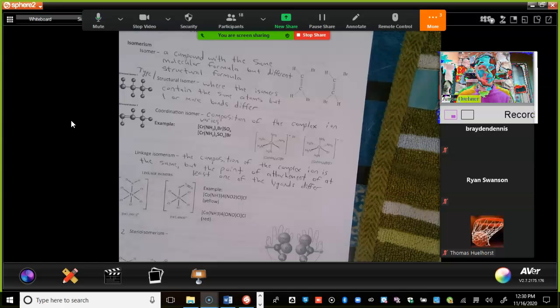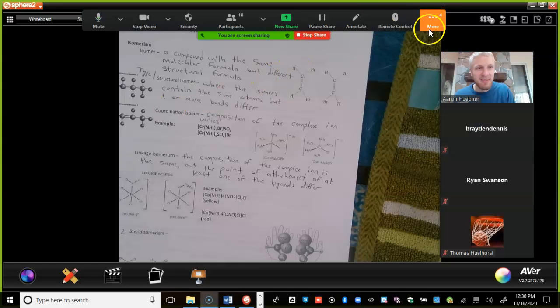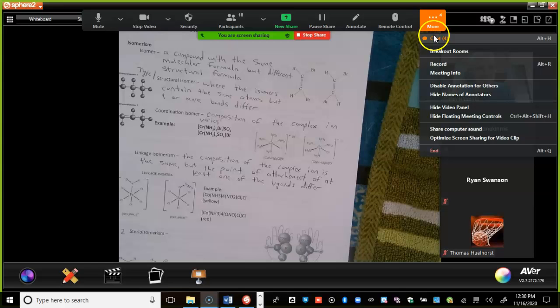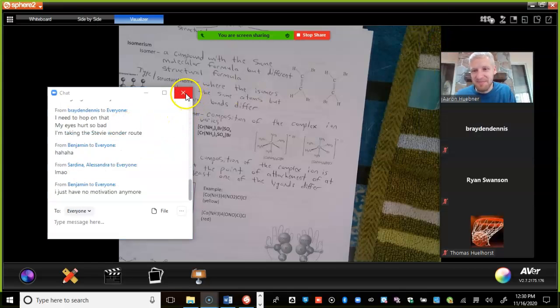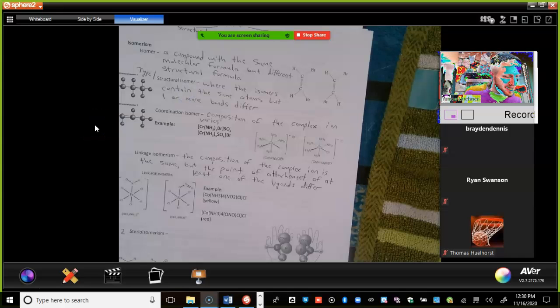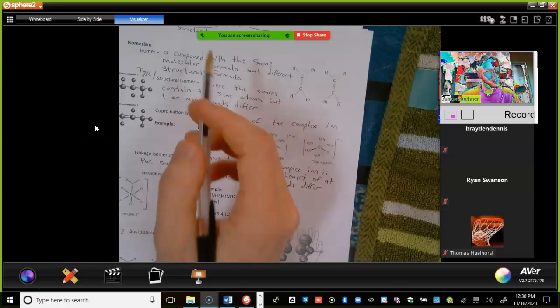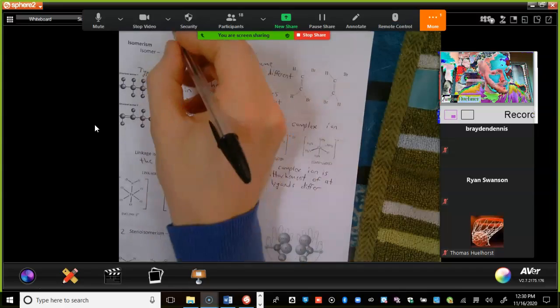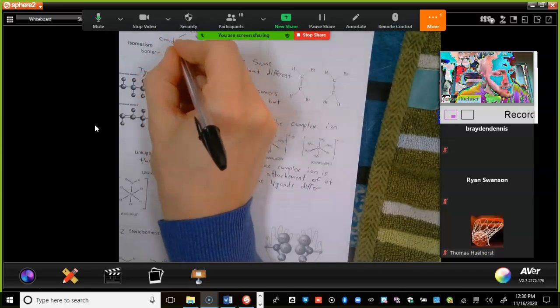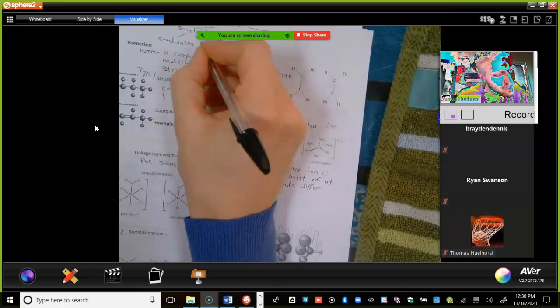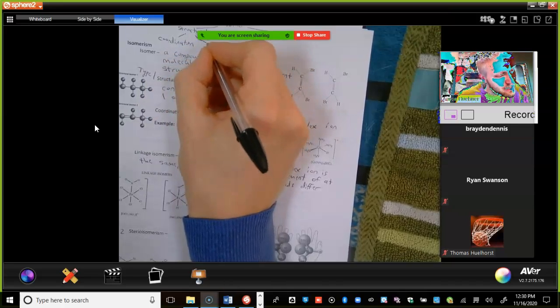We call those linkage isomers. All right, so those are structural isomers, and under that umbrella are coordination and linkage.